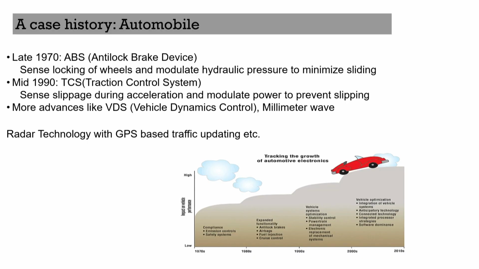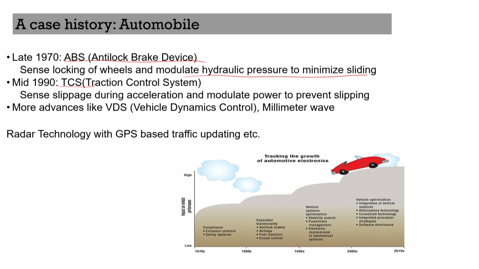So, in the late 1970s, after all these things, came a great development in automobiles. It is called ABS, or anti-lock brake device. It actually senses the locking of wheels and modulates the hydraulic pressure to minimize the sliding. Then in 1990, we get something which is called traction control system, or TCS.